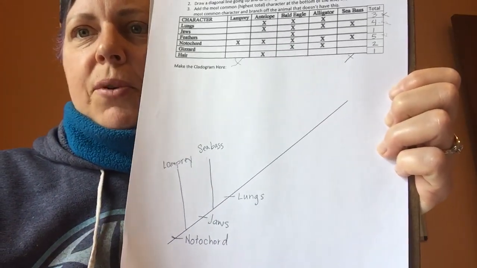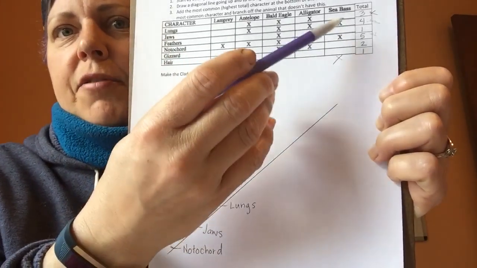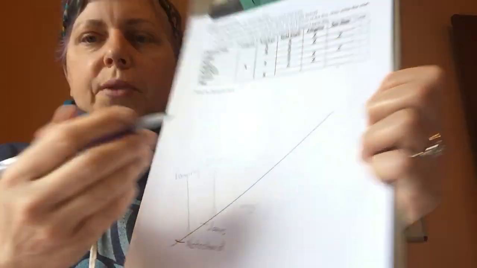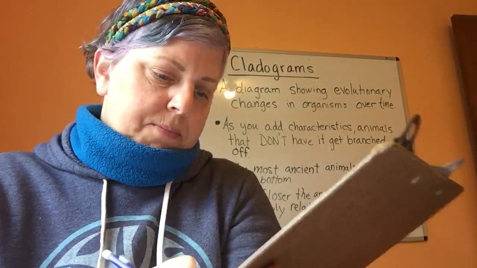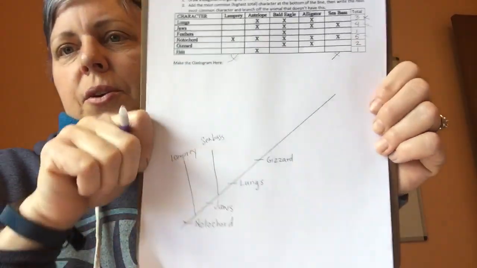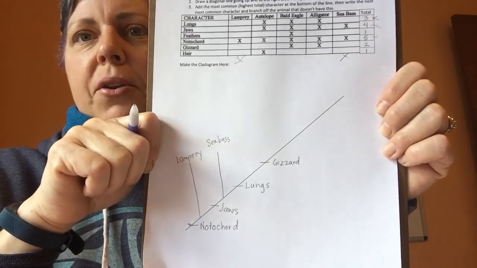So just like before, what's the next thing we would do? We've already done the 5, 4, 3, so we're on to number 2, the gizzard. So that's our next characteristic. So one of these animals has a notochord, jaws, lungs, but no gizzard.